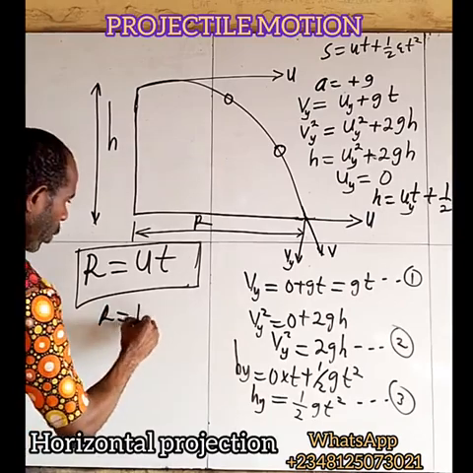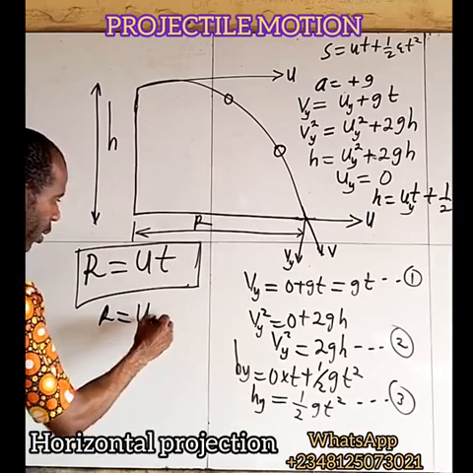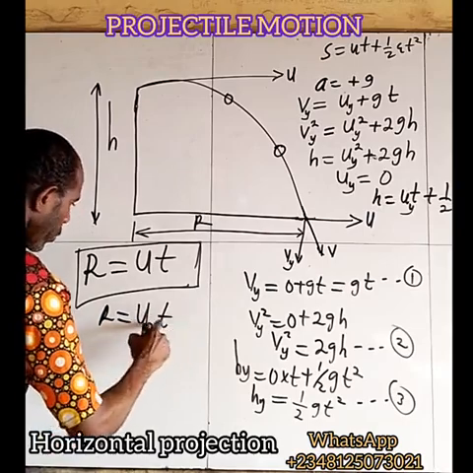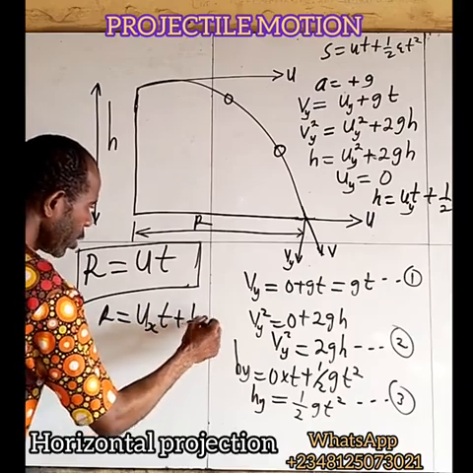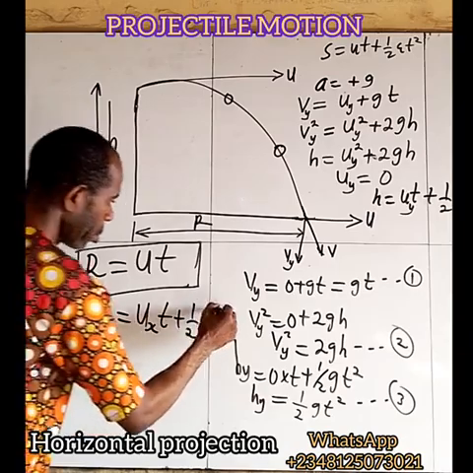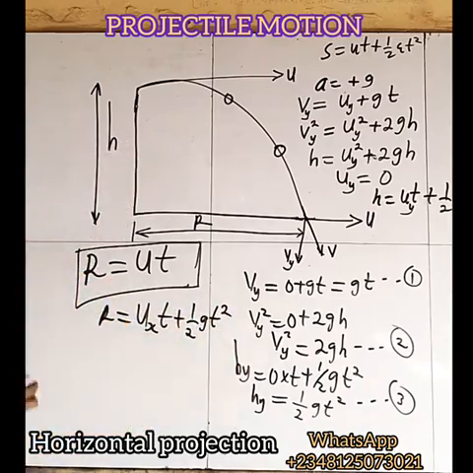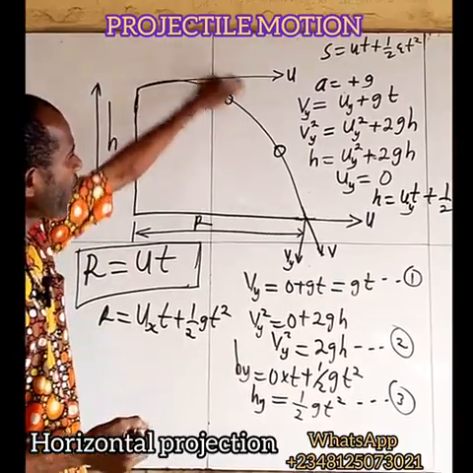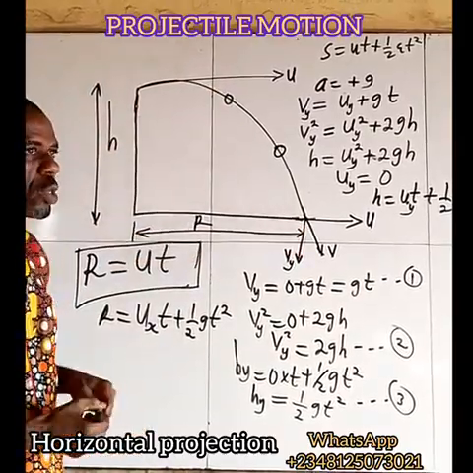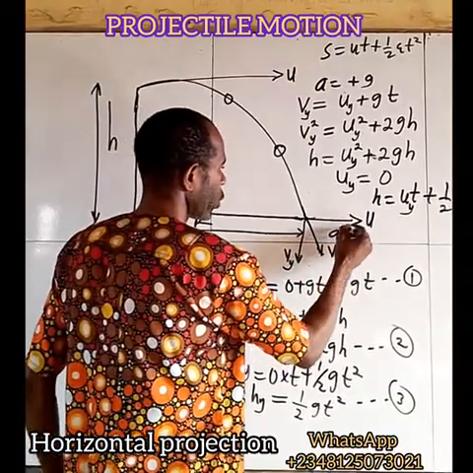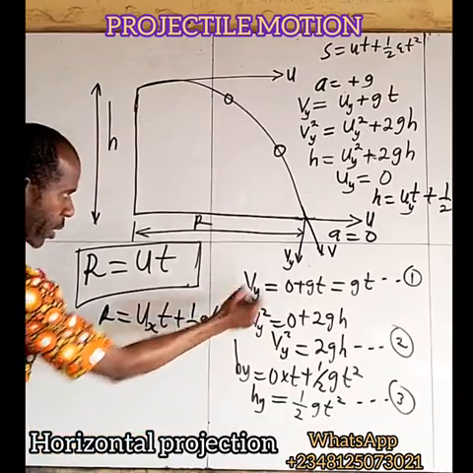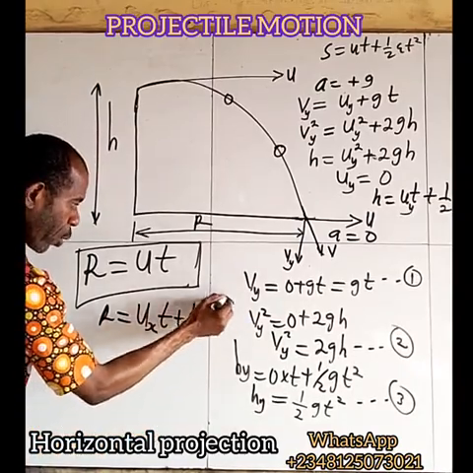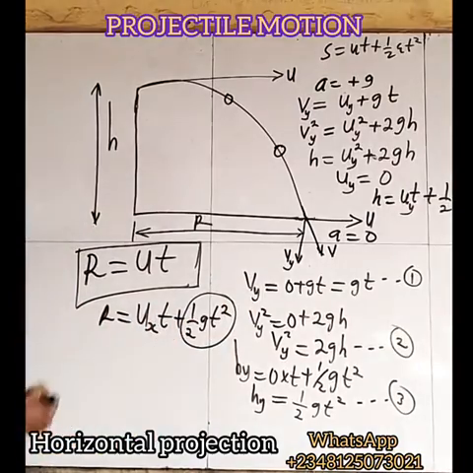Let me show you how it became r equals the initial velocity multiplied by the time of flight. Remember that the range, which is a horizontal distance, becomes ux times t plus half gt squared. And at this point, the horizontal acceleration is 0. In the vertical direction, we said the acceleration is equal to g, the acceleration due to gravity, but horizontally the whole of that term becomes 0.